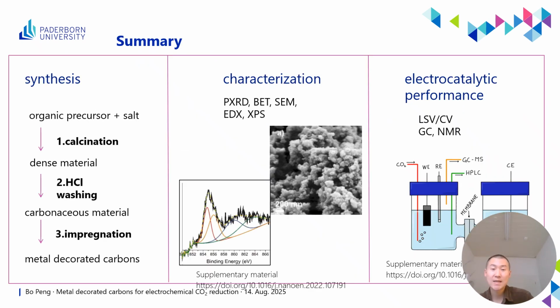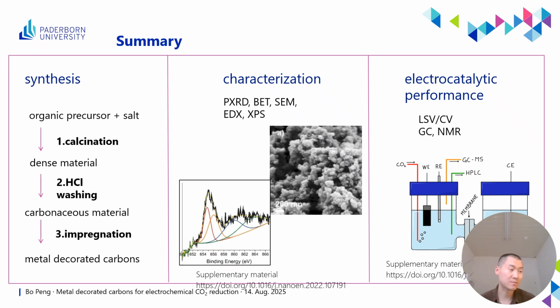Last but not least, I'd like to make a summary. First, synthesis: organic precursor and salt calcination. We got a dense material or mixture. Then we use acid to wash that mixture. Then we got the carbon materials, and last is the impregnation.